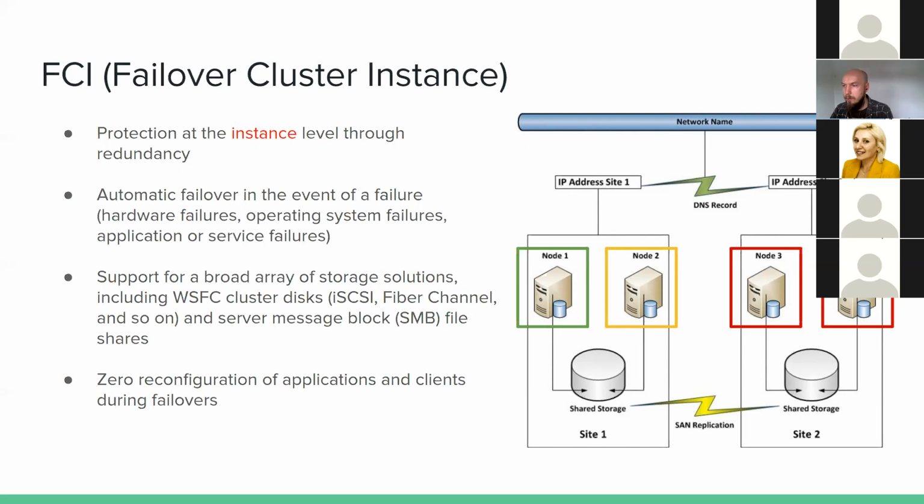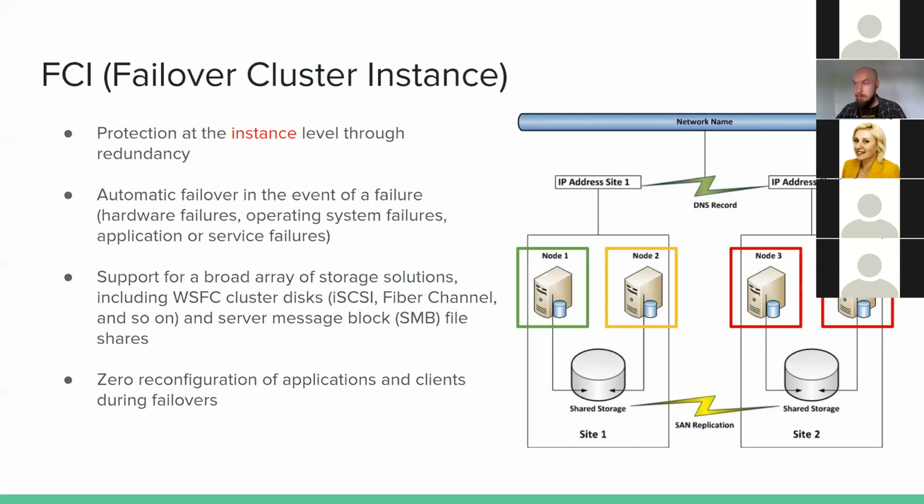And you have 2 dedicated shared storages with synchronization. So if node 1 is down, you can move the database to node 2 and it will be available for everyone. If shared storage on site number 1 is down, you can move your database to site number 2 and again it will be available.